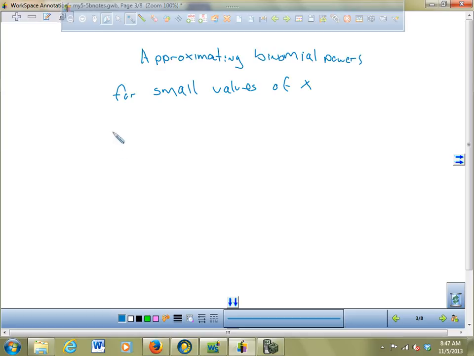This formula comes out of that idea. 1 plus x raised to the k power is very close to 1 plus k times x.